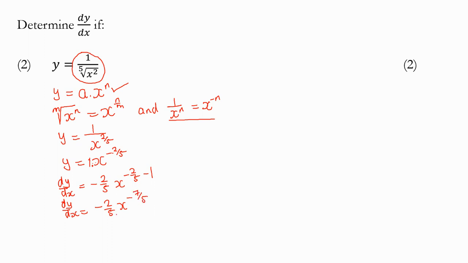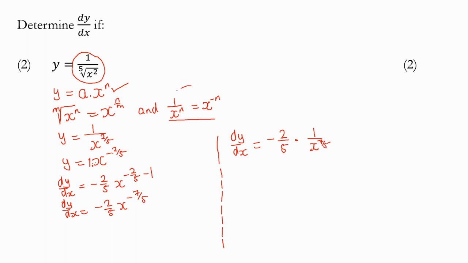Okay, right, now we write our answer with positive exponents. So what do we do here? dy/dx is equal to negative 2 over 5, then times 1 over x to the power 7 over 5.